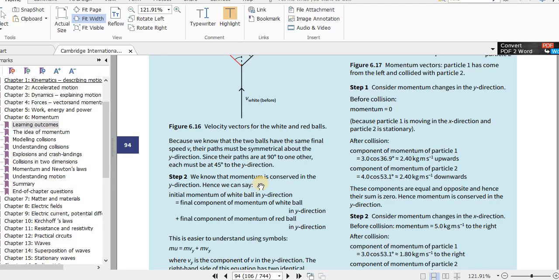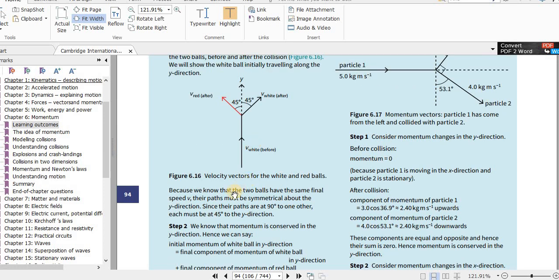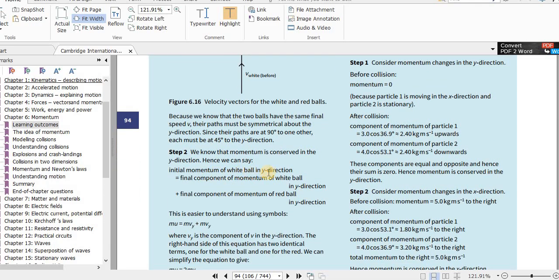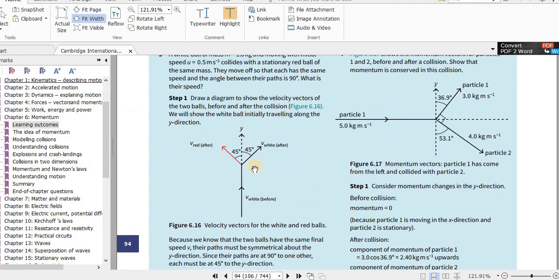We know that momentum is conserved in the y direction, hence we can say the initial momentum of the white ball in the y direction equals the final component of momentum of the white ball in the y direction plus the final component of momentum of the red ball in the y direction. So we resolve this way, resolve this way, that should be equal to this.